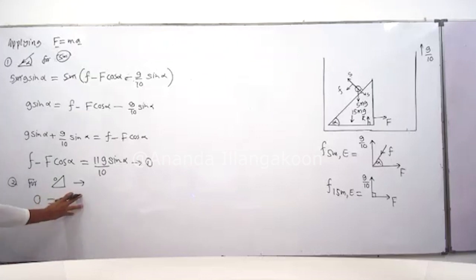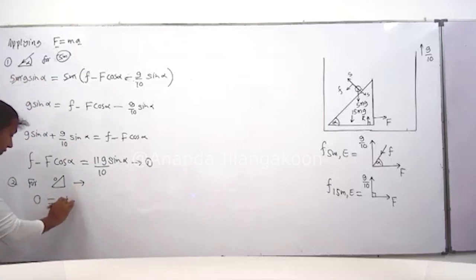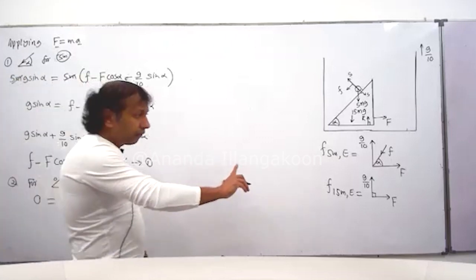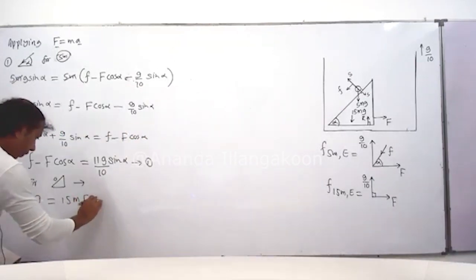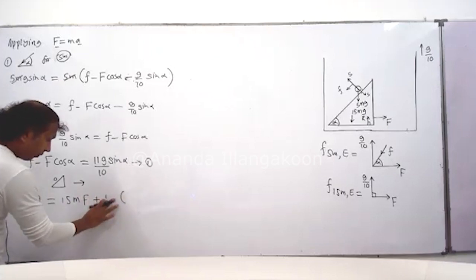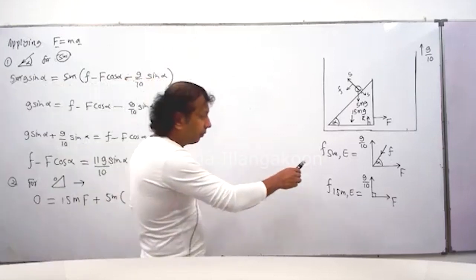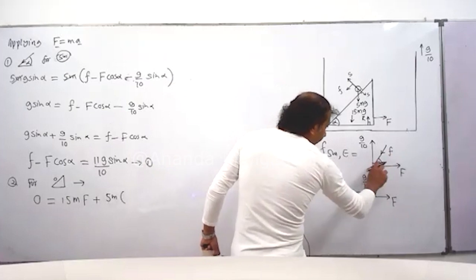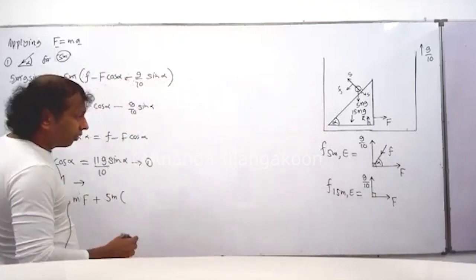The right-hand side we must write the product of mass and acceleration. There are two objects now. The wedge has mass 15m, and its acceleration relative to Earth is capital F, rightward. The other one is the particle, mass 5m, with acceleration relative to Earth rightward. It should be taken here: capital F this way, and simple F cos alpha leftward, so capital F minus simple F cos alpha.